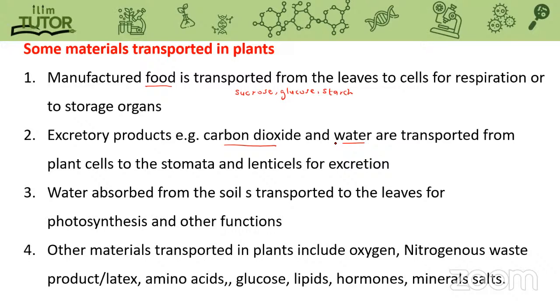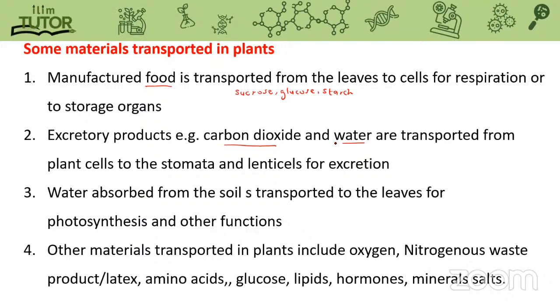Of course, water as well can be released as a waste product via the process of transpiration. We already know that in plants, quite a lot of their waste products are either stored or used. For instance, carbon dioxide can be used for photosynthesis, while the other ones, like your alkaloids and your anthocyanins, are stored.